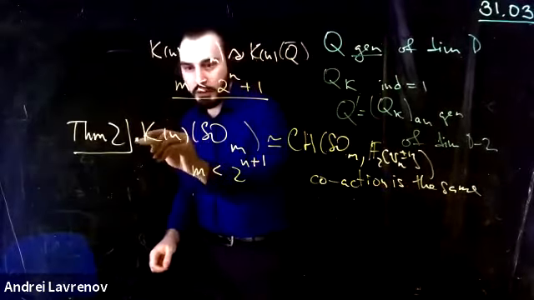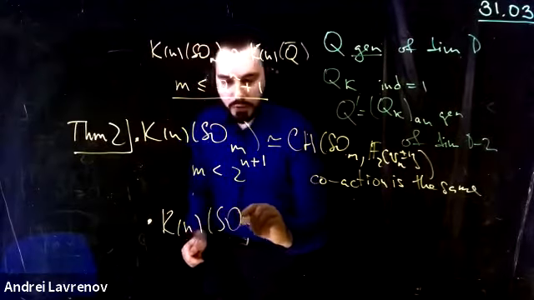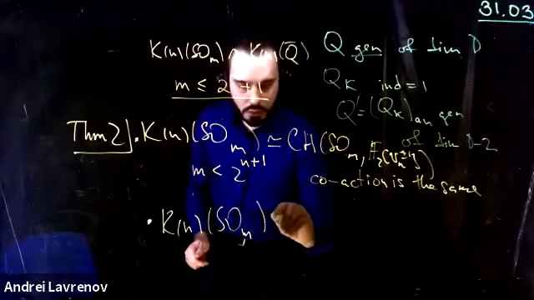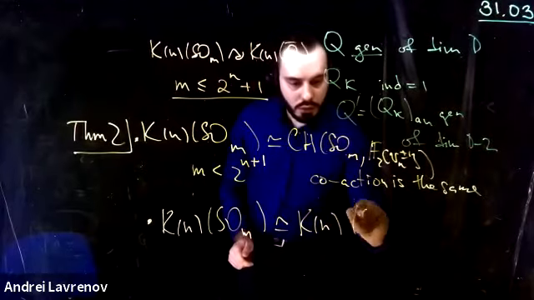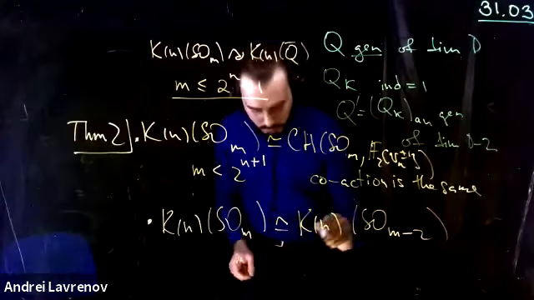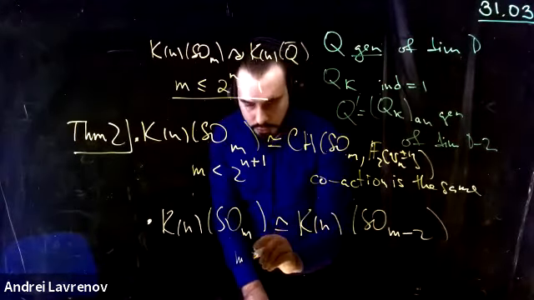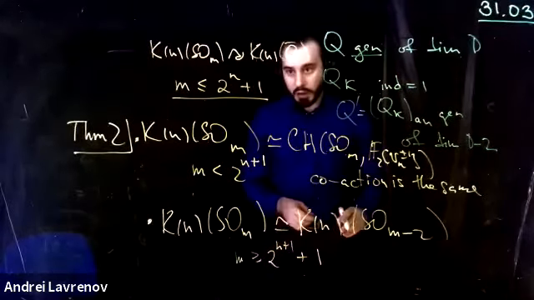And after this range, Morava happens to stabilize, for m starting from 2n plus 1 plus 1.